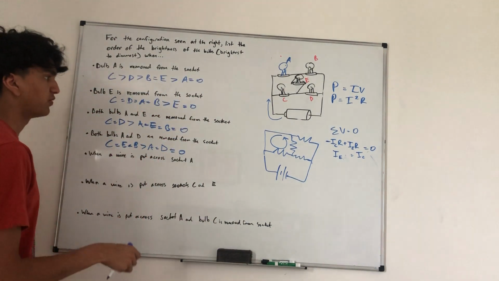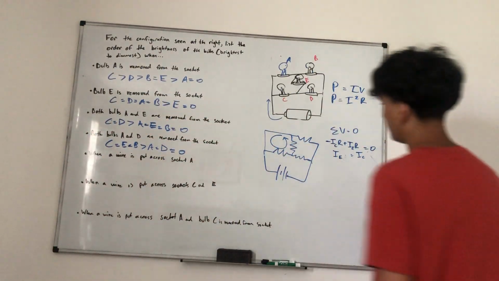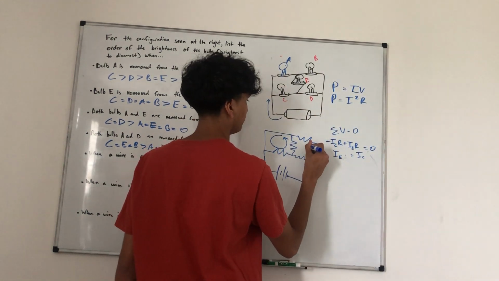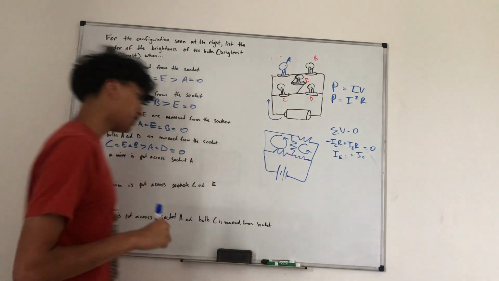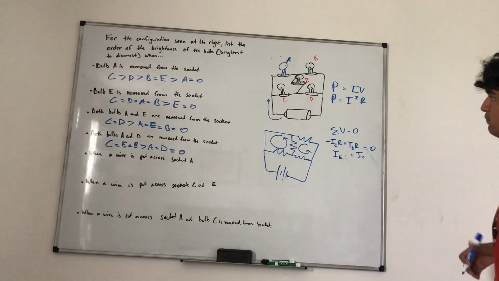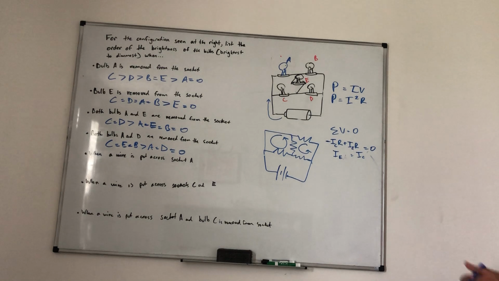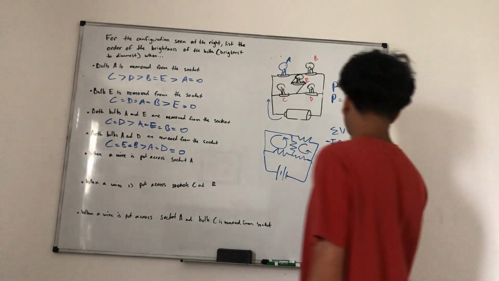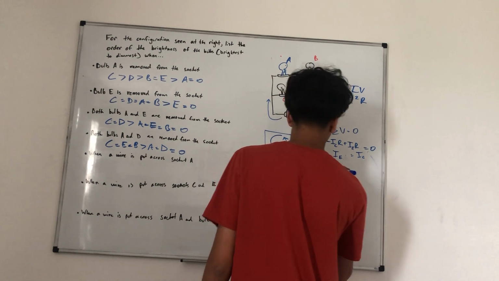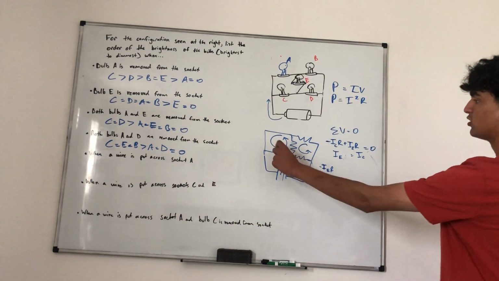So, I know that, okay, let's make a loop. Now that I know the current's going down E, I can make a loop like this. Okay, so in a case like this, I would just use the loop rule again. So I know minus IE times R. Current's going to go through D, right?